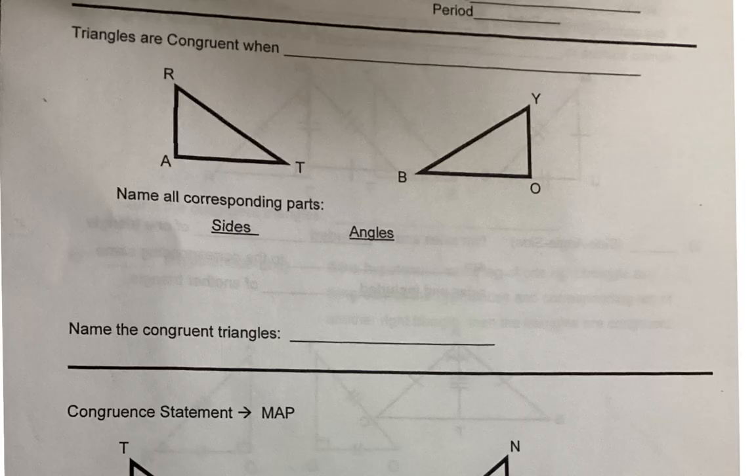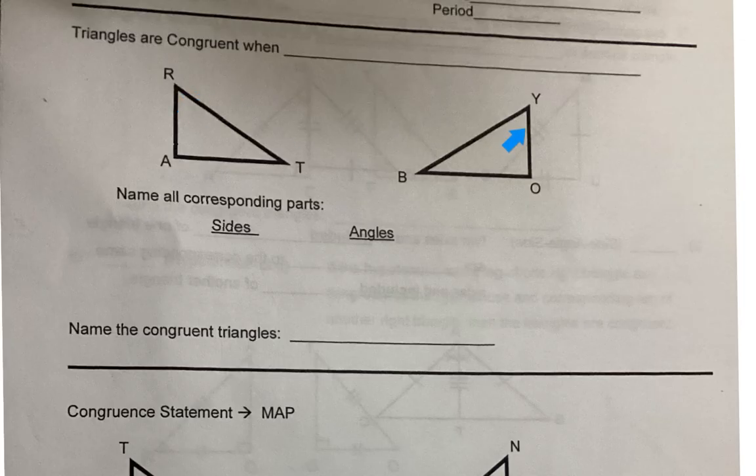For example, we will see that side AR should be congruent to the side YO, side AT should be congruent to the side BO, and side RT should be congruent to side BY. As far as the angles, we have the right angle here, angle A and angle O should be corresponding.